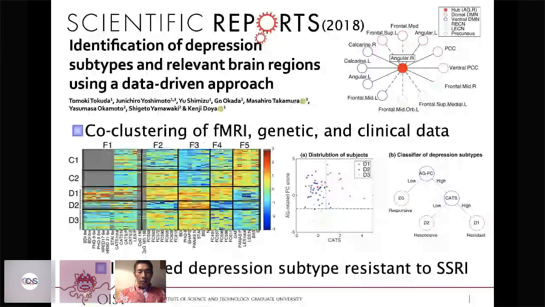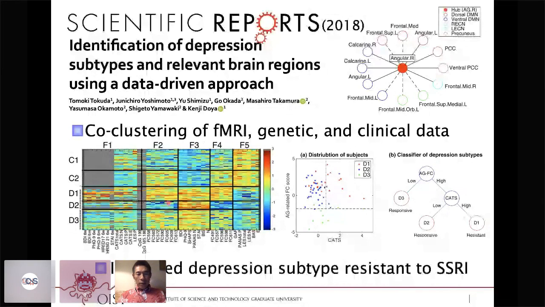We found that some of the subject clusters separated the depression patients and the controls, and within the depression subjects, some of them had drug resistance, even after several weeks or months of SSRI treatment. Symptoms were not very good.